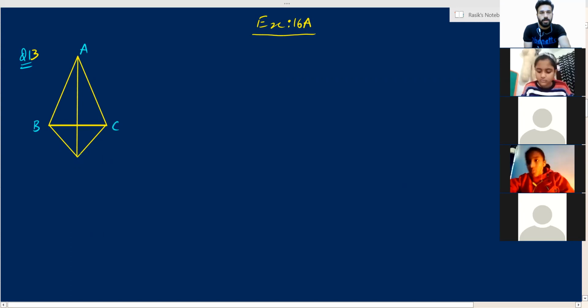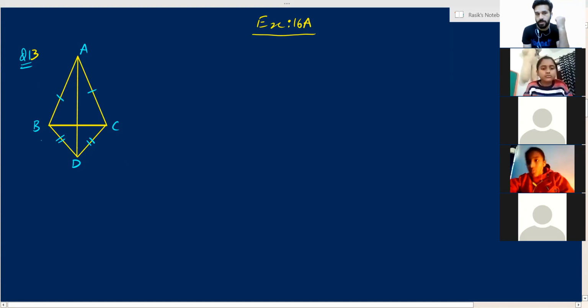So ABC and BCD are two triangles on the same base BC, and it is given that AB is equal to AC and BD is equal to CD. We have to prove that AD is the bisector of angle A as well as angle D. That means we have to show that AD has cut angle A into two equal parts and angle D also in two equal parts.